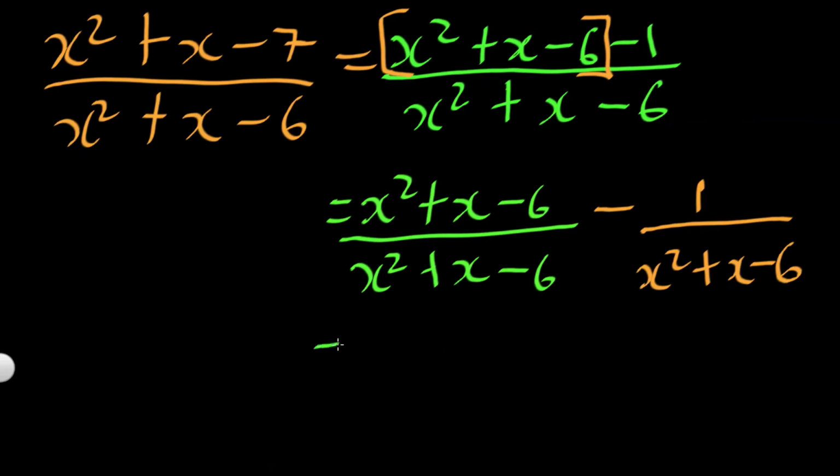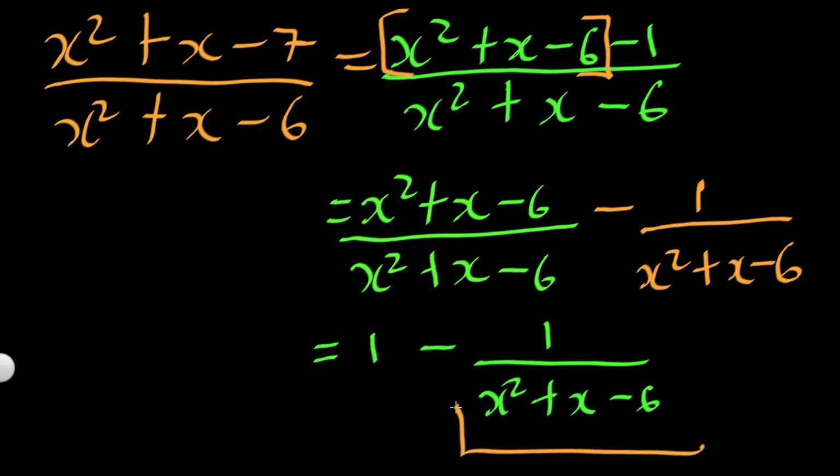So I essentially have 1 minus 1 all over x squared plus x minus 6. What I have now, this part here, is a proper fraction, and that's what I'm going to do my partial fractions on.